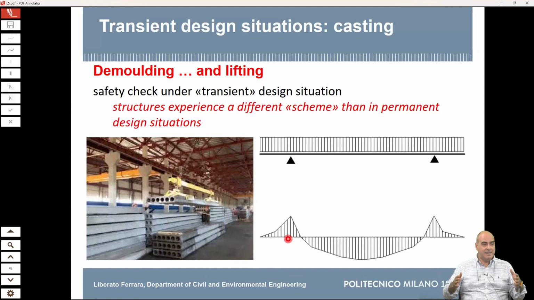At that distance your pre-stressing is not fully developed, so you risk not to be fully covered there. Also, consider that this moment will be exactly the same sign of the pre-stressing, so it will sum up to that. So that is another structural design issue that we have to take into account when we design for this situation.